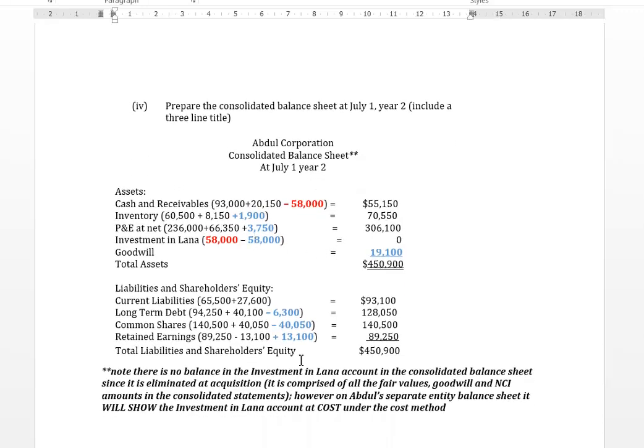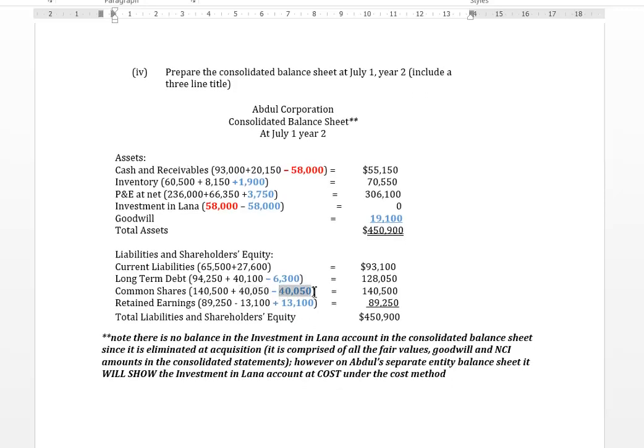The shareholders of Abdul only want to see the common shares of Abdul. They don't want to see the common shares of Lana, because they're not shareholders in Lana. They're shareholders in Abdul. So we eliminate them. I just show the in and the out so you can see how it's totally brought to zero.